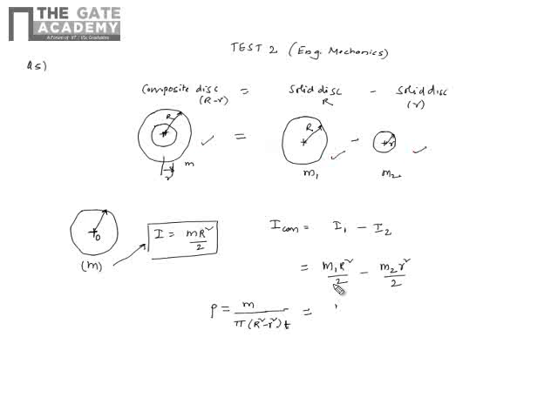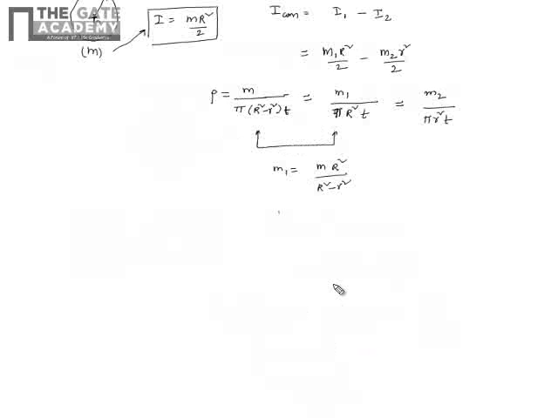Density for this would be m1 by area, which is pi R square into thickness t1. The material is the same, so density has to be the same. The same thing I can write for the other disk, which is m2 by pi small r square t. In this way I can relate m1 and m2. So m1 is m R square by capital R square minus small r square, and from 1 and 3 I get m2, which is small r square m by capital R square minus small r square.